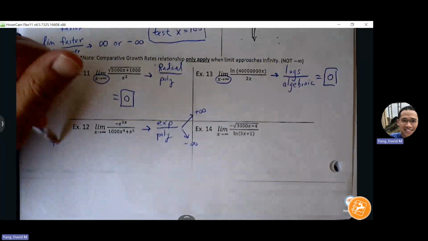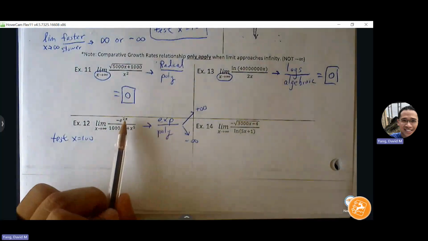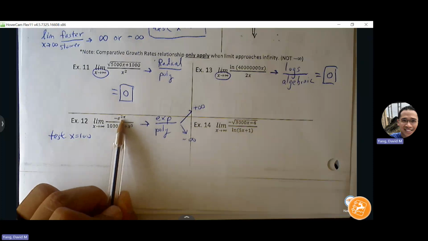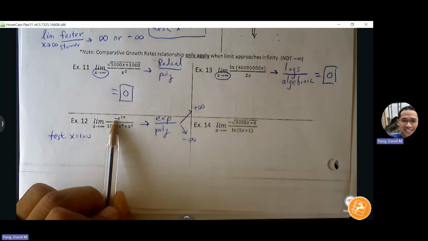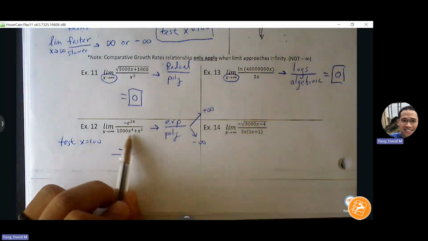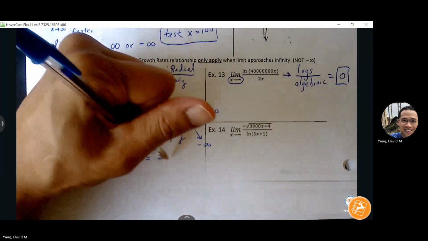So we'll test 100. What does numerator give us? Positive, right? Well, e to the 200 is positive, but there's a what in front? A negative. So it's negative over denominator, which will give us a positive. So negative over positive is negative.